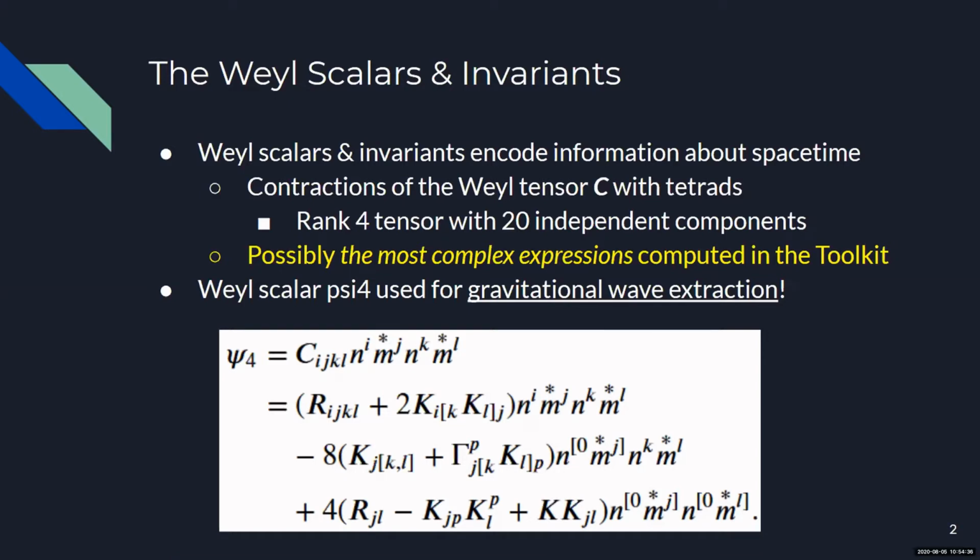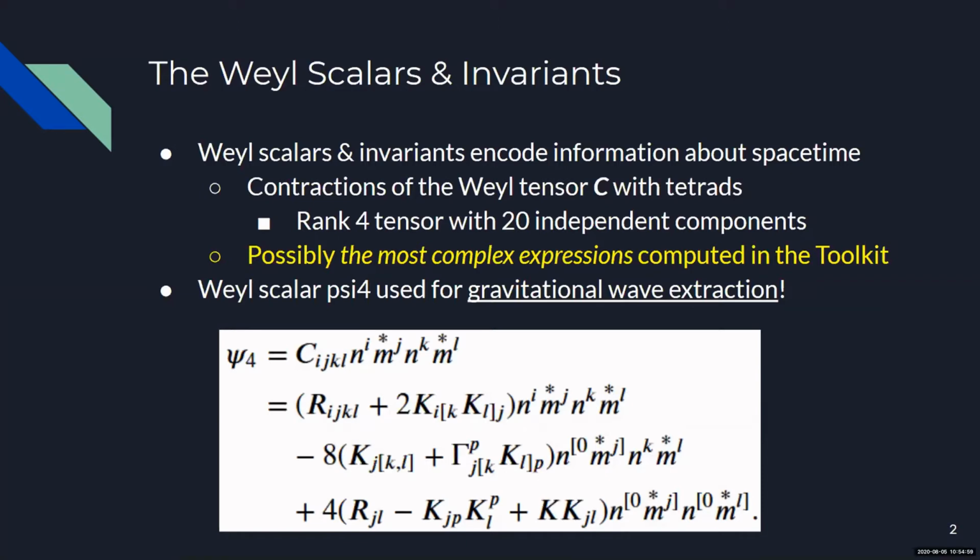While the Riemann curvature tensor encodes information about the volume and shape of a body, the Vial tensor really only encodes information about the shape of a body. It has the same symmetries as the Riemann curvature tensor, which gives it 20 independent components that will need to be coded.